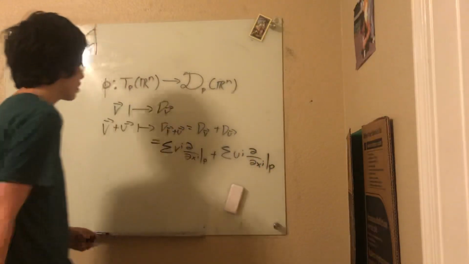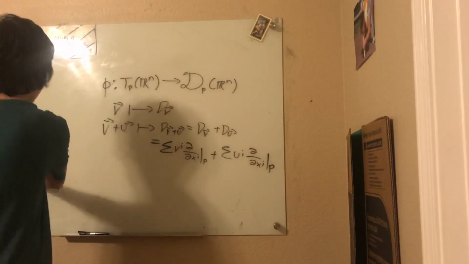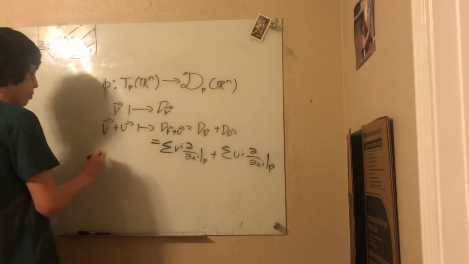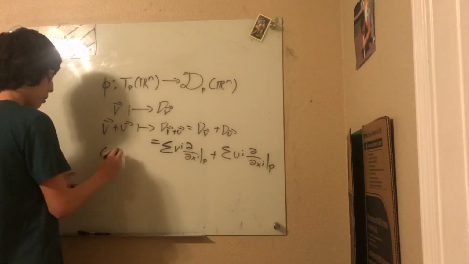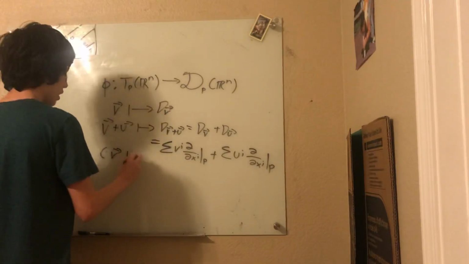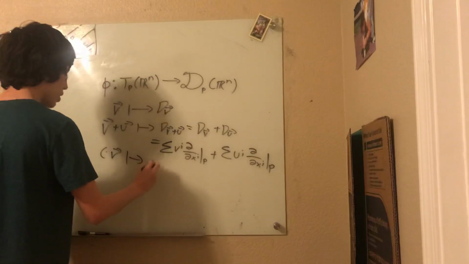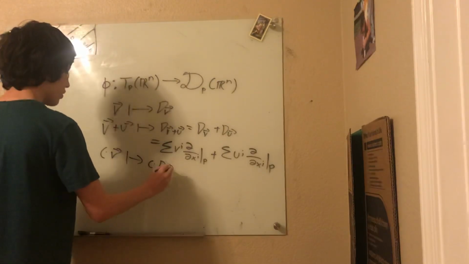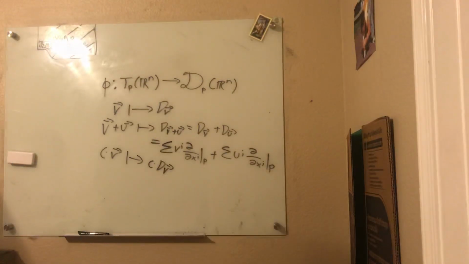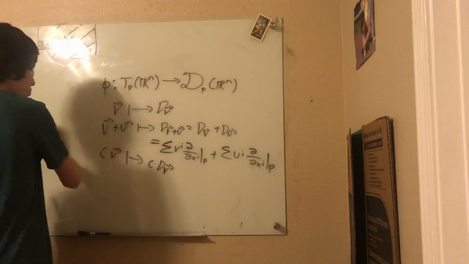And this is obviously so, right? And we can also see scalar multiplication working. We multiply c v, and this is going to be equal to c D_v, right? So it's a linear mapping, first of all.